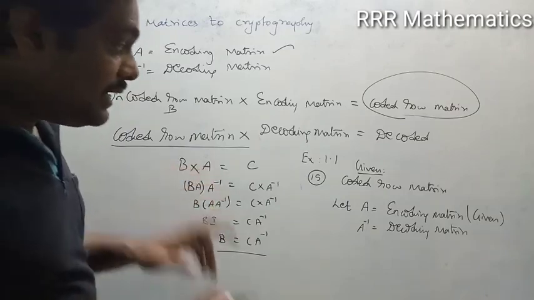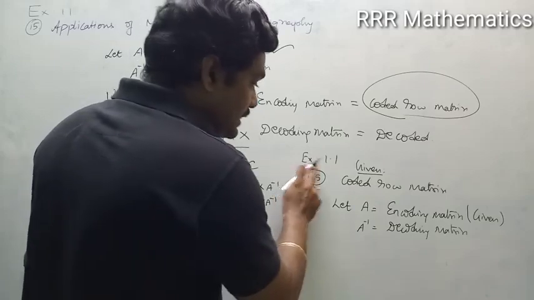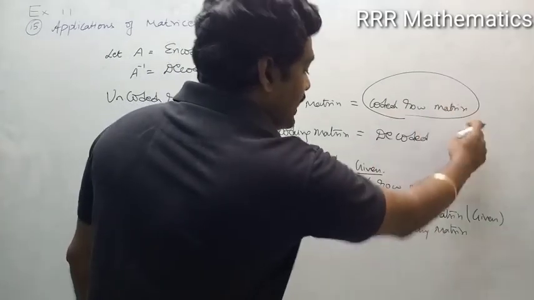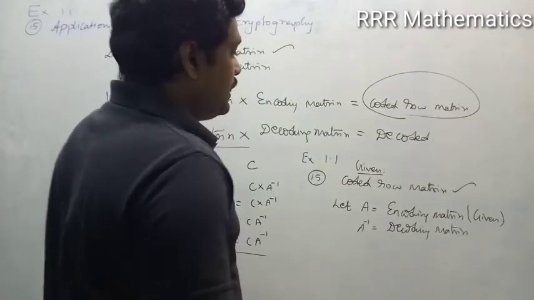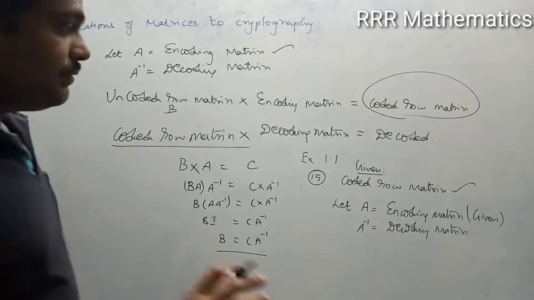But in exercise 1.1, 15th problem, listen, what is given? The coded row matrix is given, and the given matrix is the encoding matrix. So now you want to decode it. Very simple.